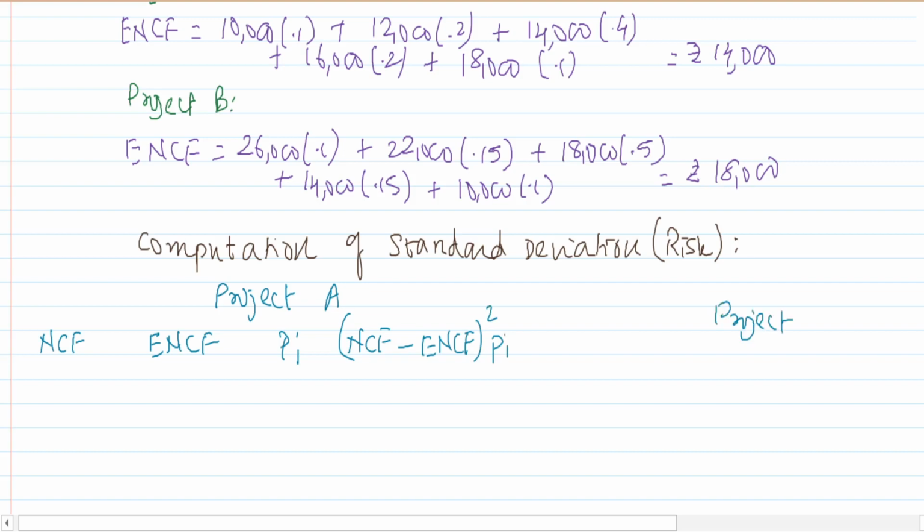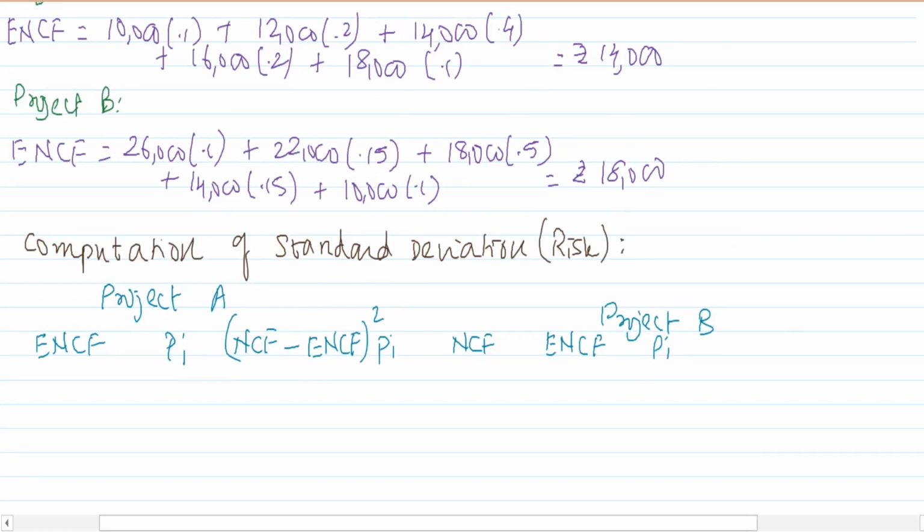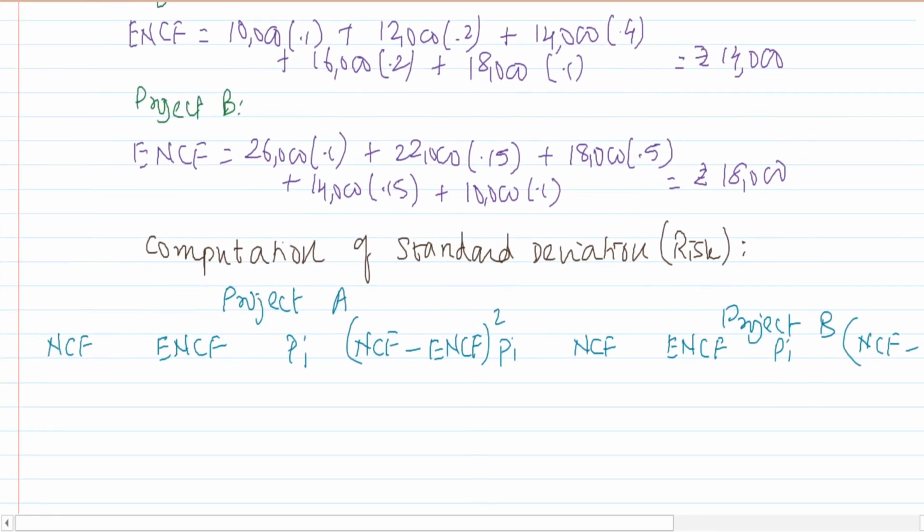Similarly, project B: net cash flow, expected net cash flow, probability, net cash flow minus expected net cash flow whole square into the probability. Right? Good.